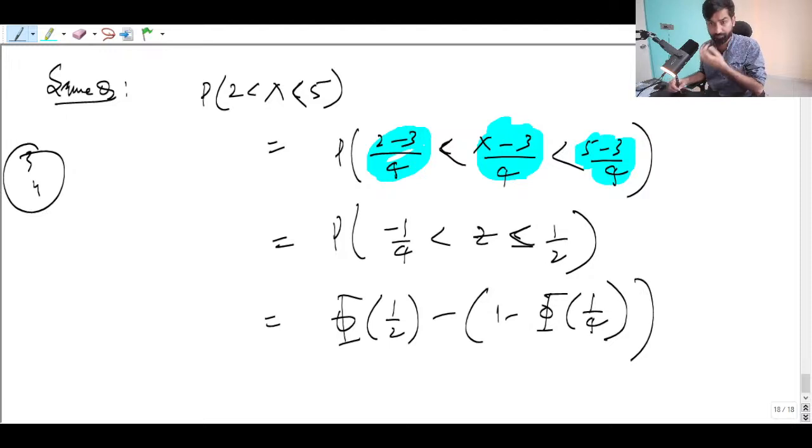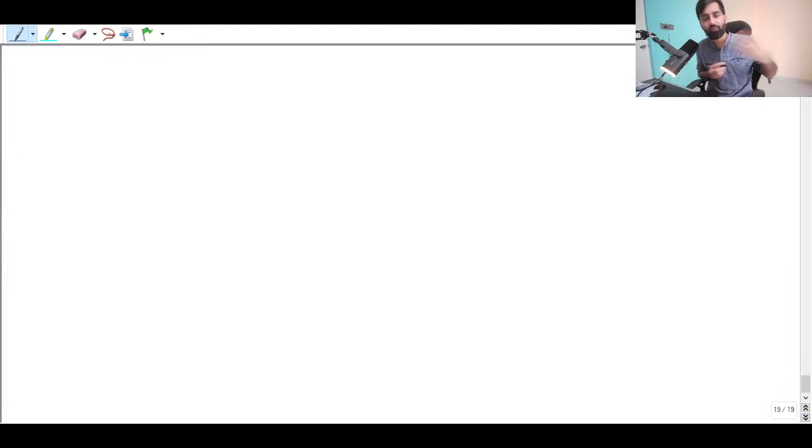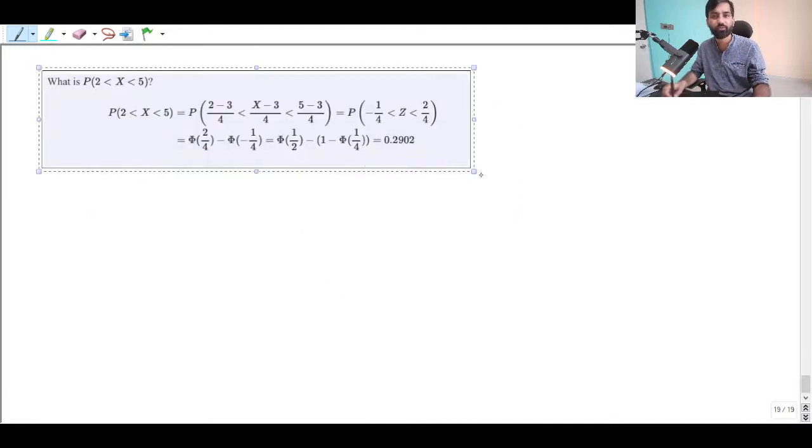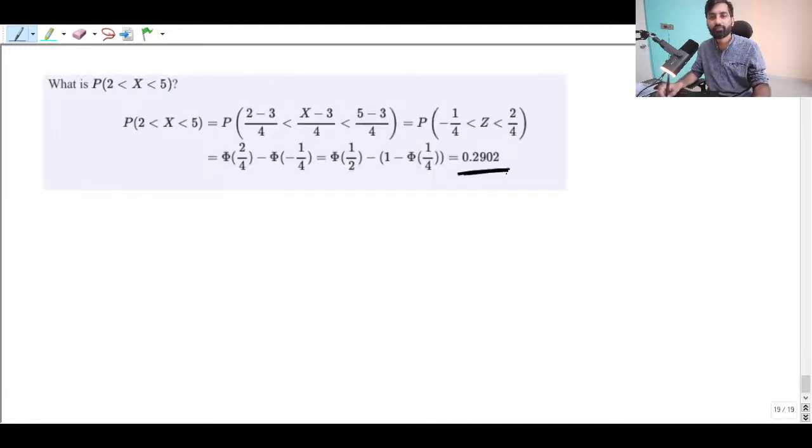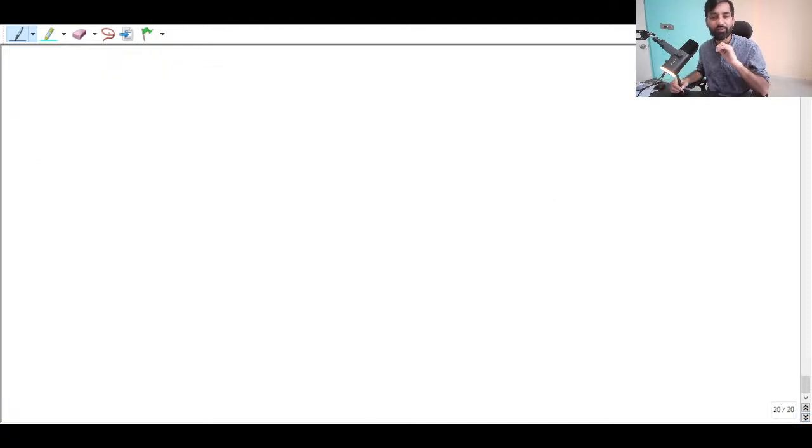Okay, so by inspection you can write this, if you have watched my lectures. These are very simple situations, right? So if you refer to the table, you will get this value. In the exam they will mention the table, don't worry about that.